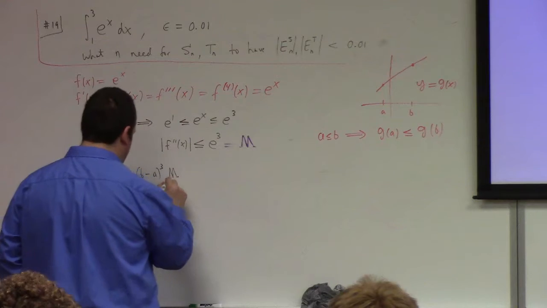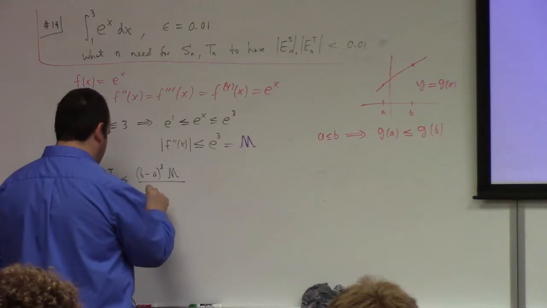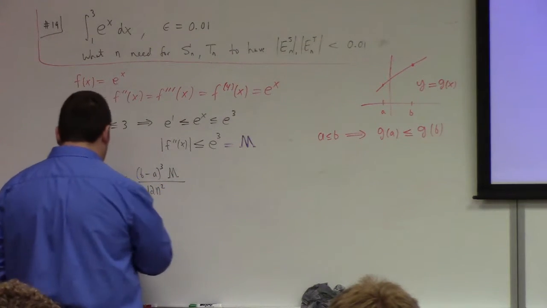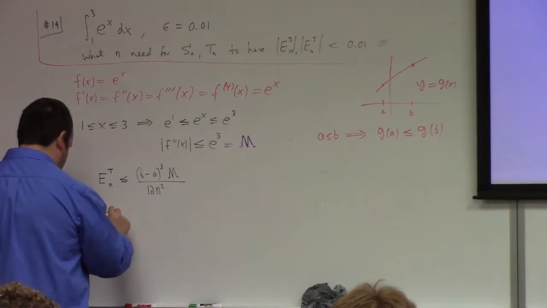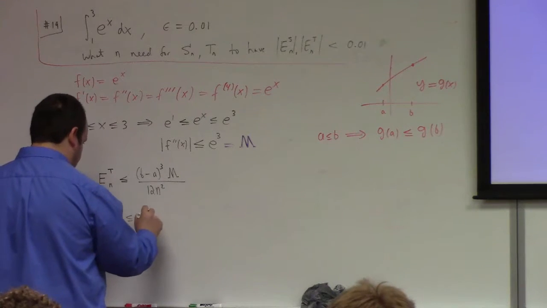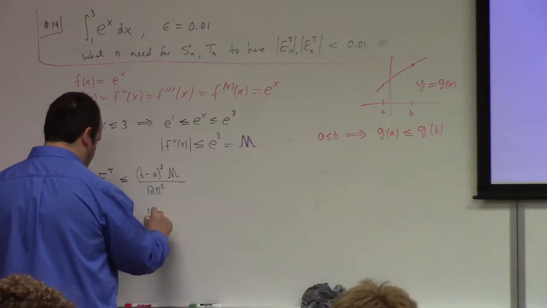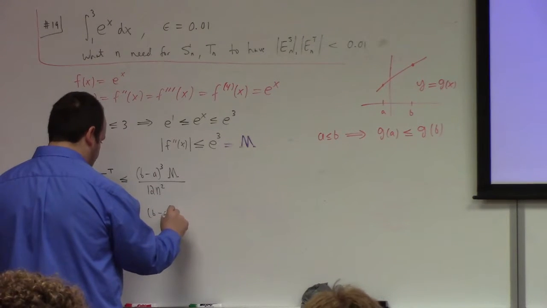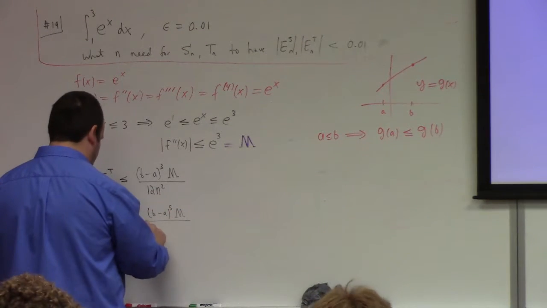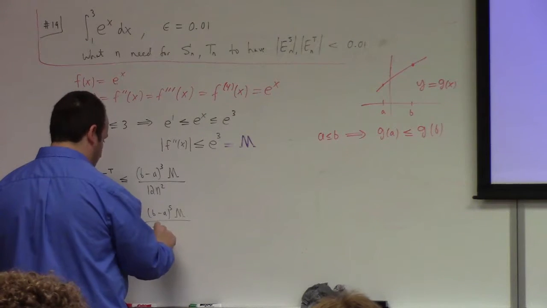Times M divided by 12n squared. And the error in Simpson's rule of order n is less than or equal to what was it? (b minus a) to the 5th power times M divided by, well, obviously 2,880 n to the 4th.